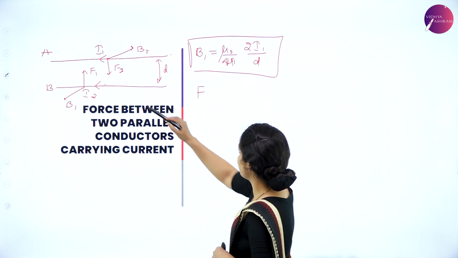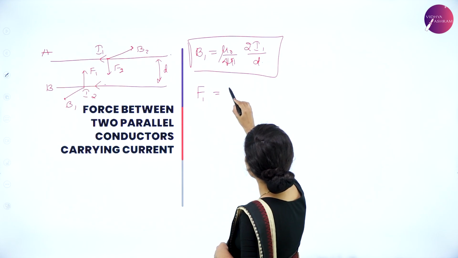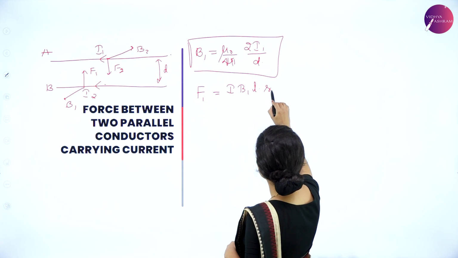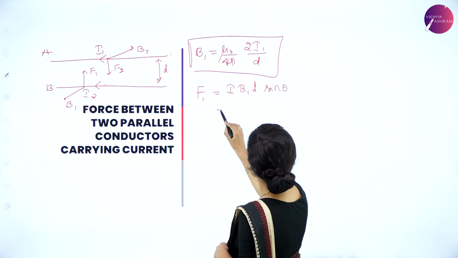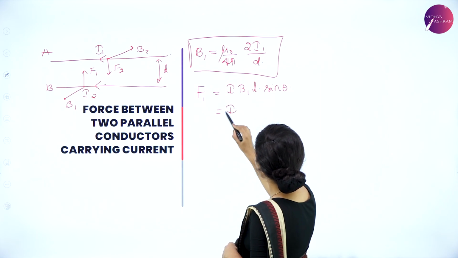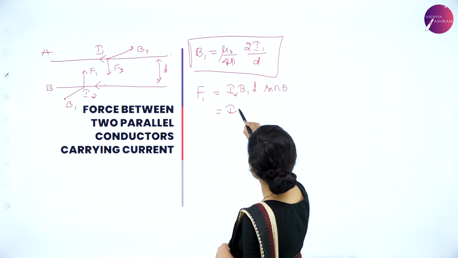The force experienced by the conductor is F1 equal to B I L sine theta. So we have the current I2 carried in it.